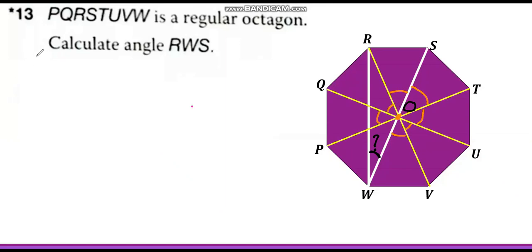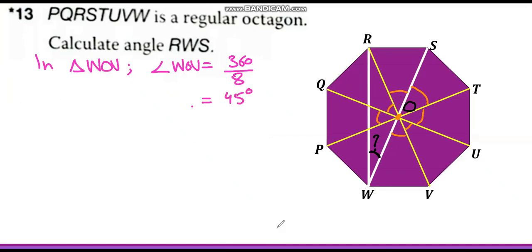So if I consider a triangle WOV, in this triangle, the size of angle WOV should be equal to 360 divided by 8, because this complete rotation, this complete angle at O is being divided into 8 congruent triangles. So the size of each angle should be 45 degrees. So I can easily mention that this angle is 45 degrees.